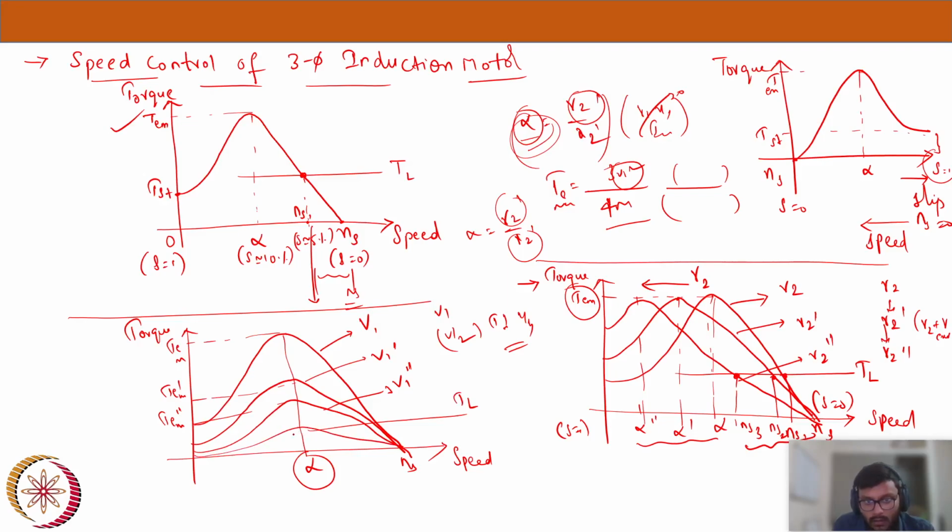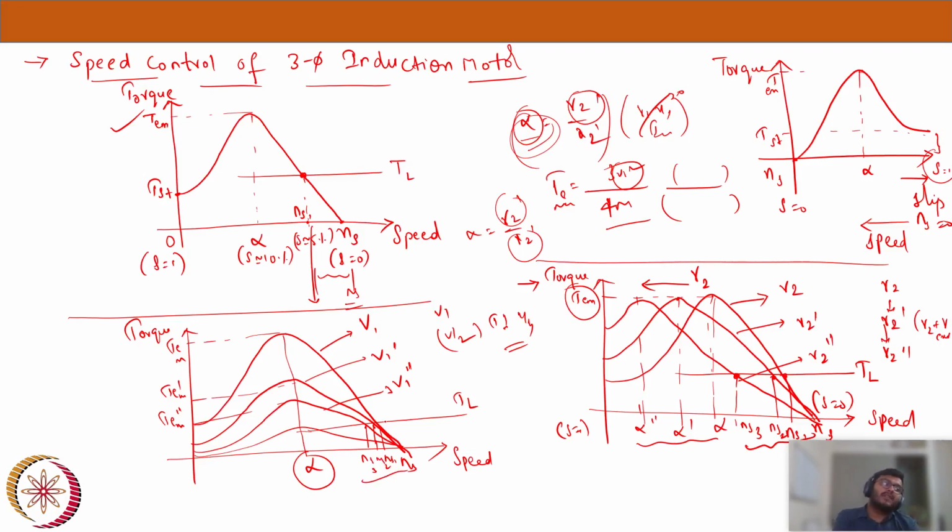Now, if you have different torques, you can see that even for this kind of torque profile, my motor is able to supply different speeds. You can see from this speed, here another speed, the intersection points ns1, ns2, ns3.